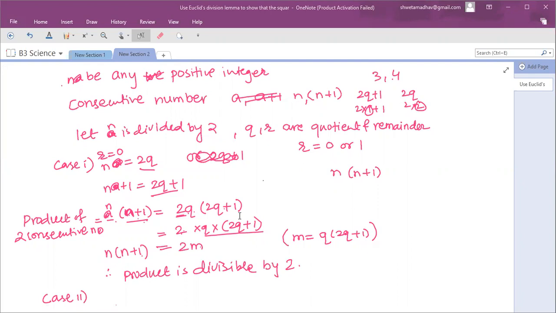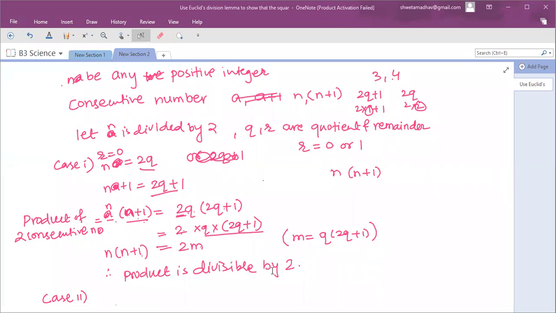Can we take 2 common from all of them? Yes, ma'am. So we have taken 2 outside and written the remaining terms together, and for that remaining term, we considered another variable as m. So the product of the numbers is a multiple of 2. Therefore, the product of 2 consecutive numbers is divisible by 2.